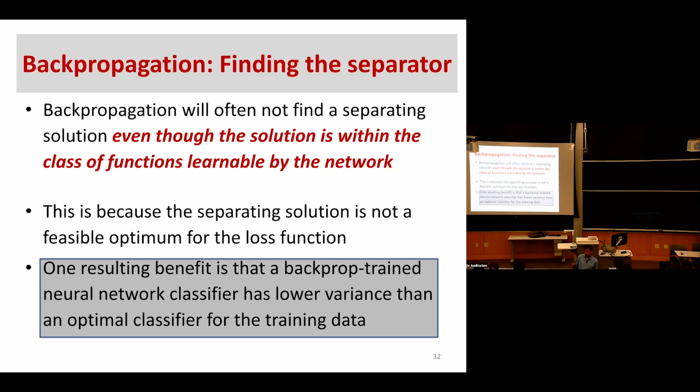And so there's no guarantee that minimizing the loss will always minimize the classification error, right? One resulting benefit is that the backprop trained neural network has lower variance than an optimal classifier for the training data. So the optimal classifier could still separate the training data, the backprop trained classifier might not.